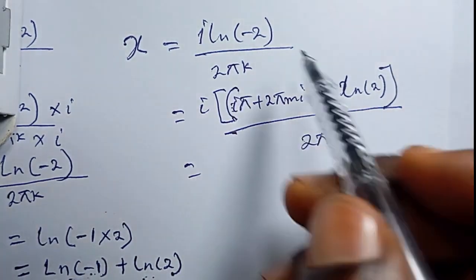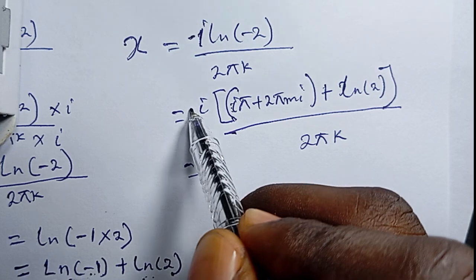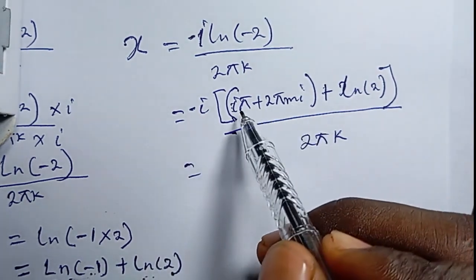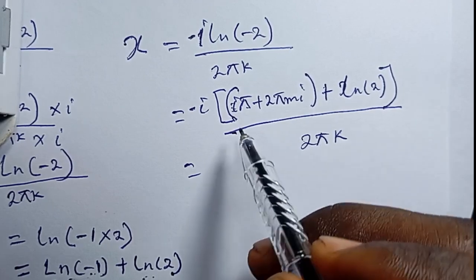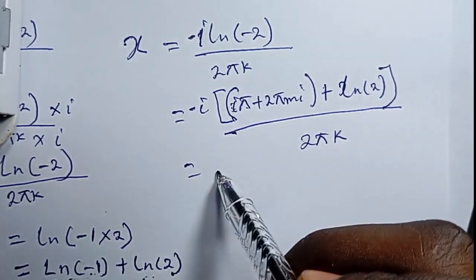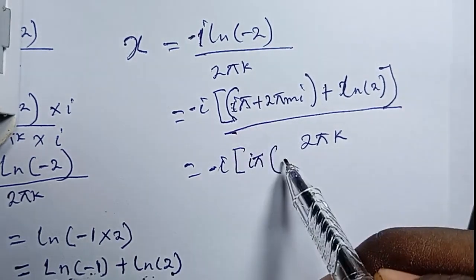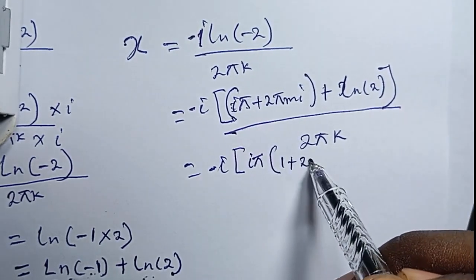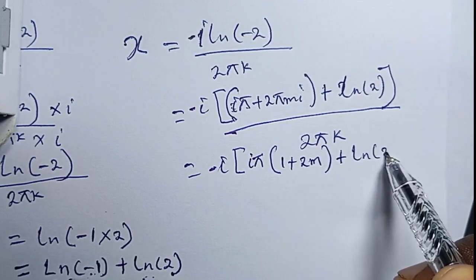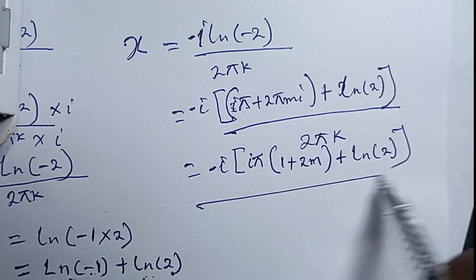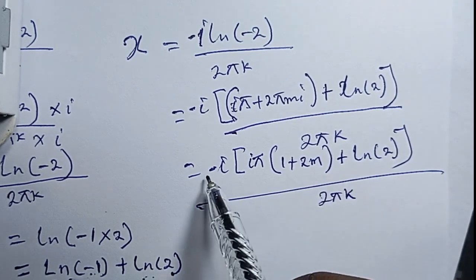Remember we had a negative right here, so this is also negative i. I factorize this i pi that is common, so I have negative i into i pi times 1 plus 2m, plus the natural log of 2, all divided by 2 pi k.